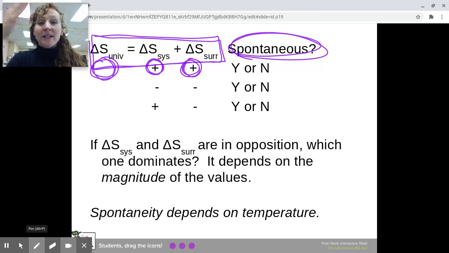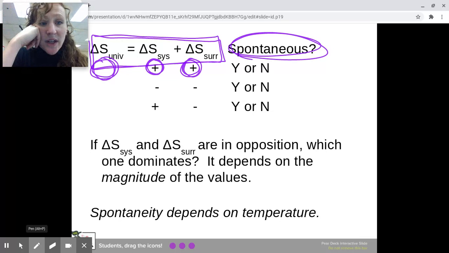No matter what it is, it's positive. If system is positive, surroundings is positive, what is the universe going to come out to be? And do the magnitudes make a difference? So pause this video, think about it, come to a conclusion, and you can come back to this video.